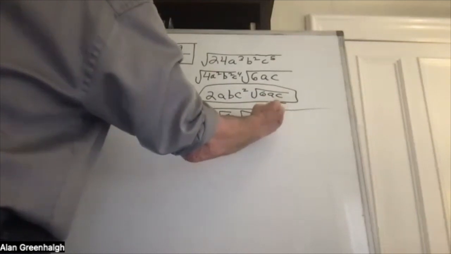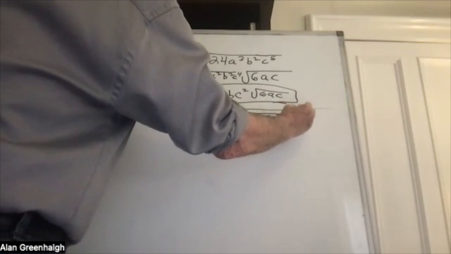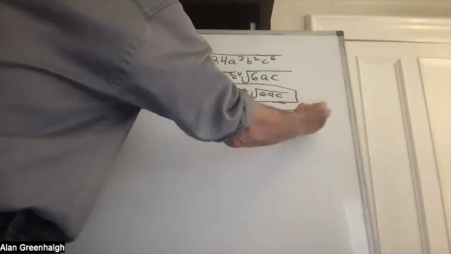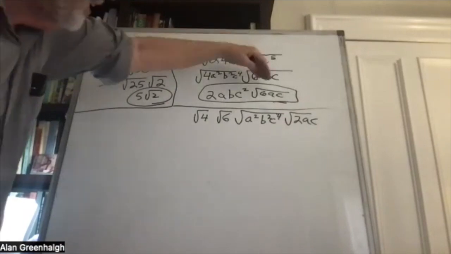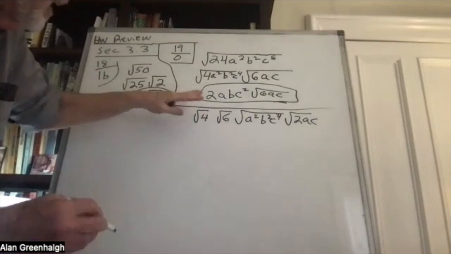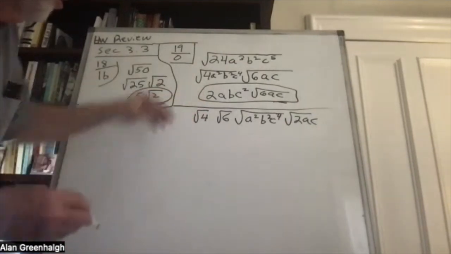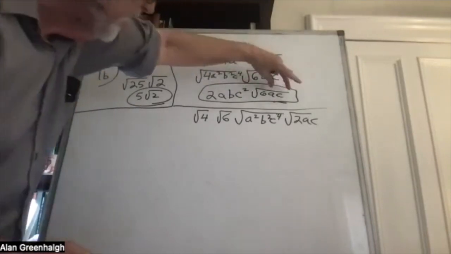This is the way I showed the class originally. Yeah, that's fine. Absolutely. Separate the numbers from the letters and then do them separately. As long as when you finish, you put whatever is outside the radical in here like this.